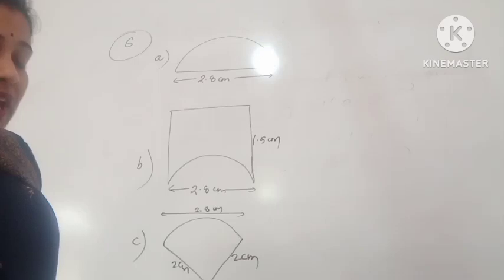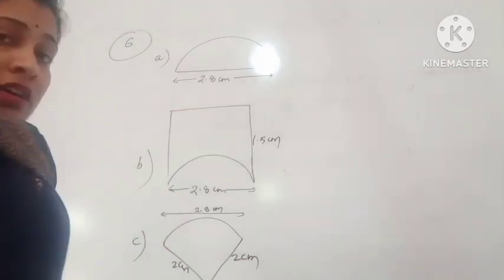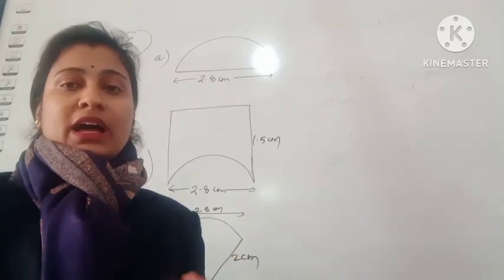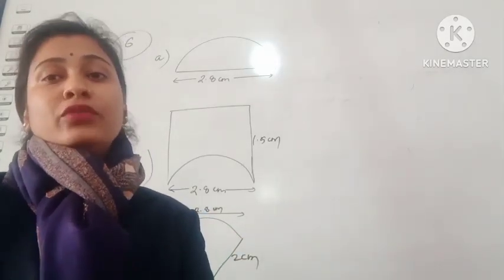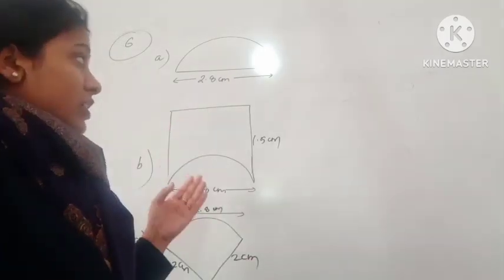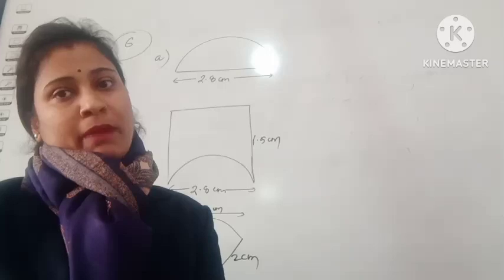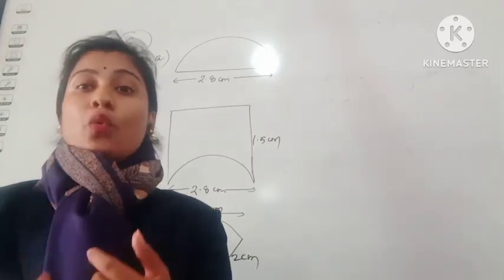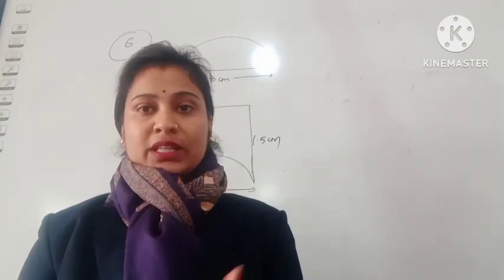Now it is said that through all the figures, an ant is moving. We have to tell through which figure the ant has covered the maximum distance. We know that in order to calculate the distance, we always calculate the perimeter.